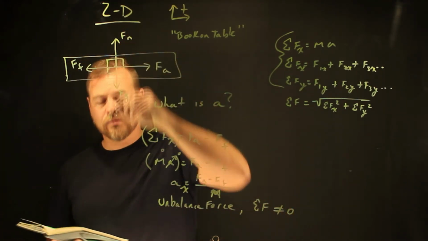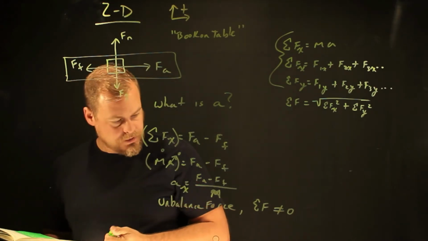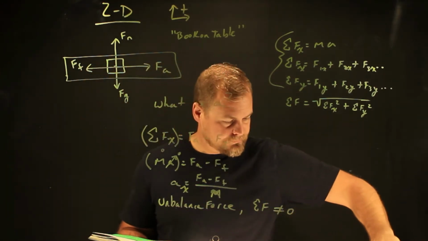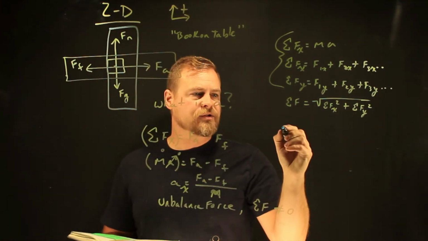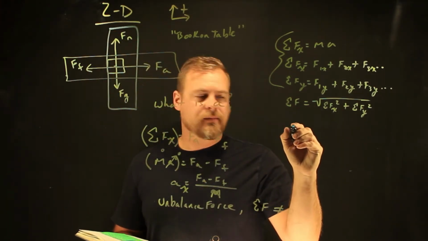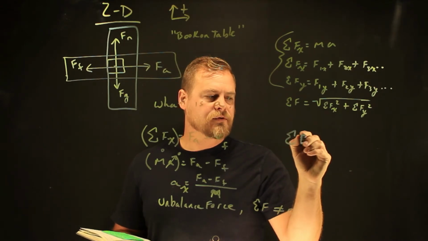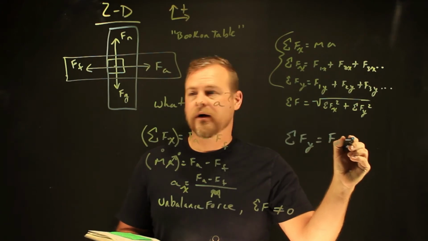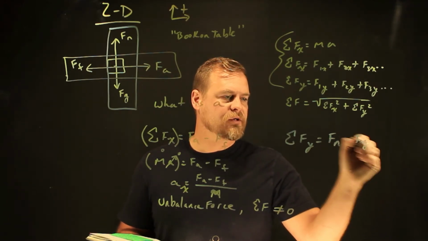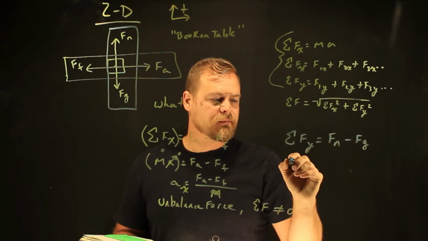So let's look at the y dimension. Okay, the y dimension, same process. The y dimension is net force in the y is equal to force normal because it's up minus force gravity because it's down. I'm going to substitute in my ma.